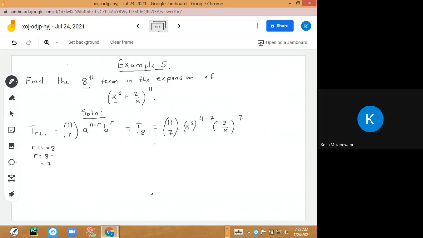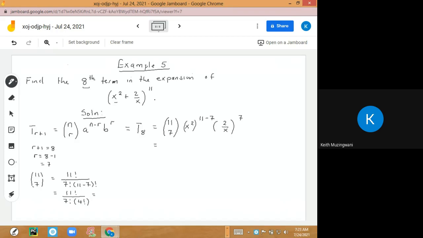Then you simplify. So first thing to simplify is 11 C 7. What is 11 C 7? We say this is just 11 factorial over 7 factorial times 11 minus 7 factorial, which is 11 factorial over 7 factorial multiplied by 4 factorial.